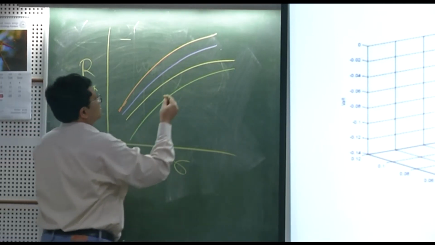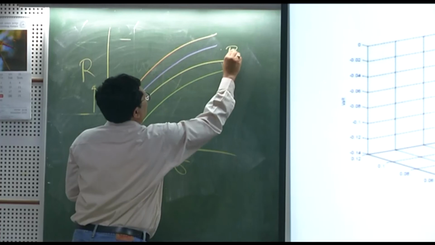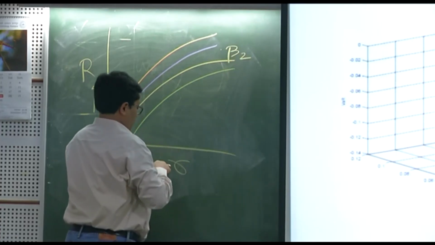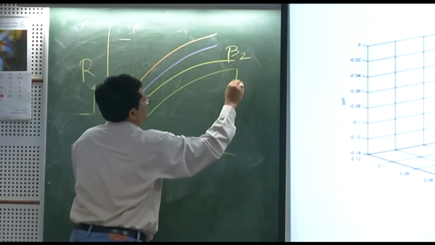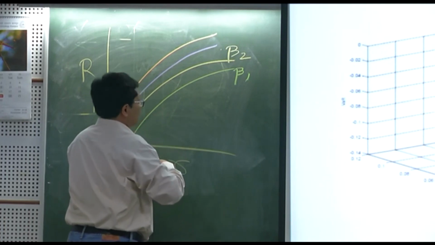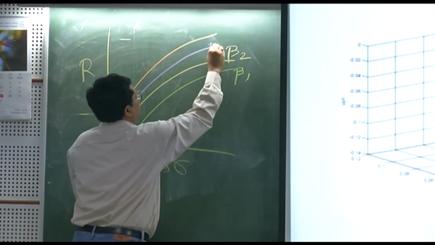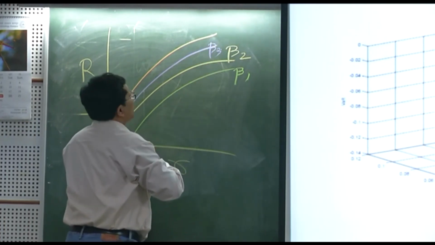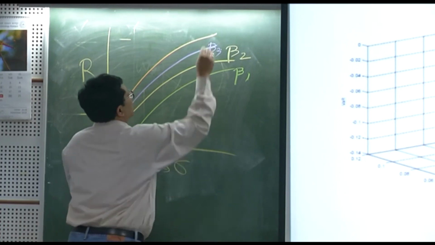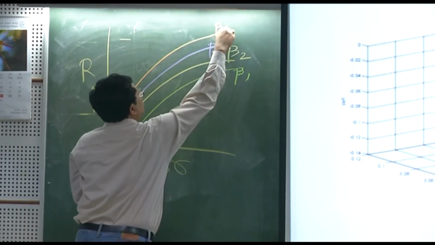So consider this is beta 2, beta 1, beta 3 and beta 4.